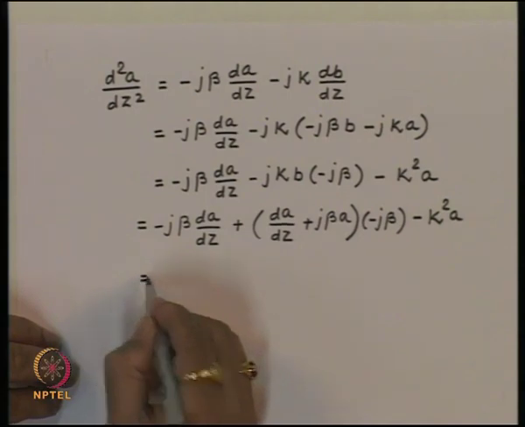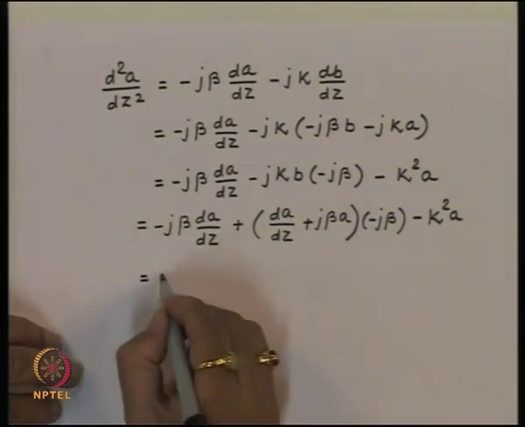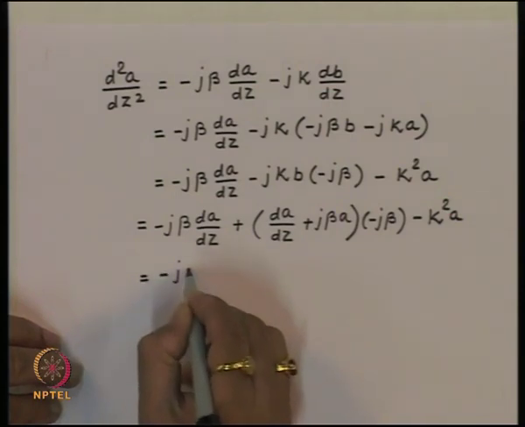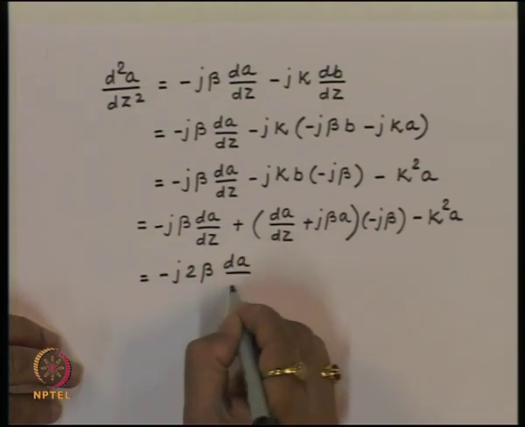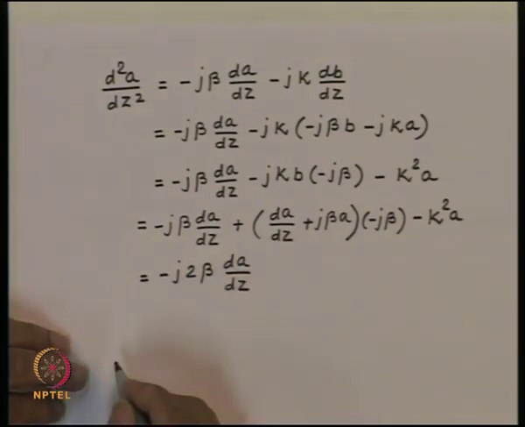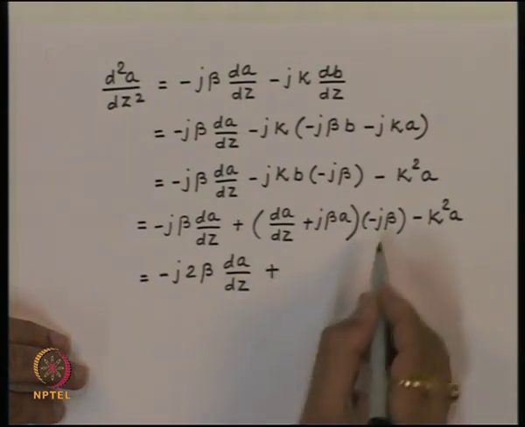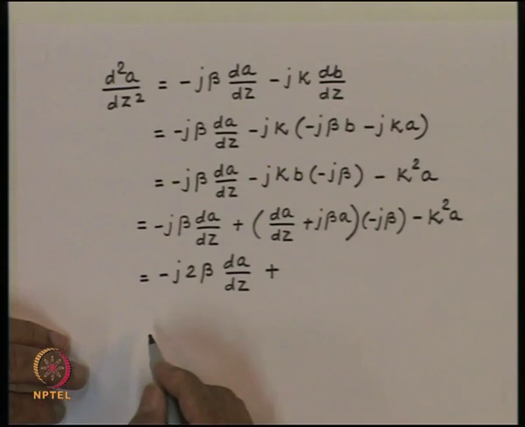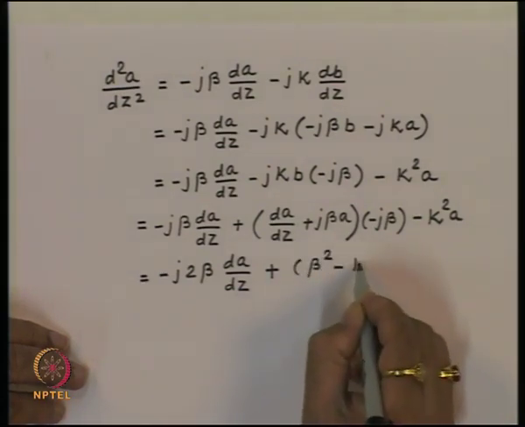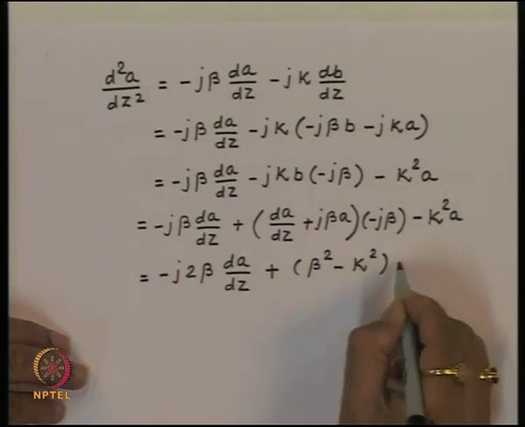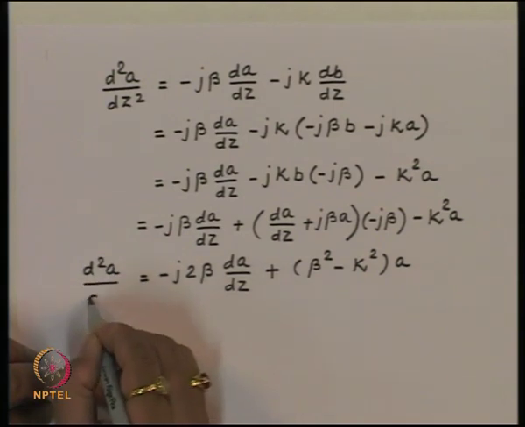Simplifying this term here, minus j beta dA by dz can be combined with this. So, you get minus j 2 times beta dA by dz, plus this gives plus beta square. So, this is beta square minus k square A, that is d2A by dz square.